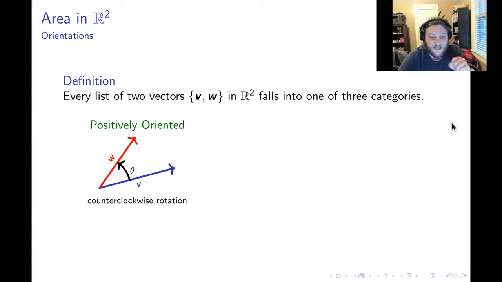What this means is that if we plot our 2 vectors so that they emanate from the same point, and we rotate the first vector on the list, in this case v, through the angle that gets us to w shortest, that rotation is counterclockwise. So positive orientation means rotation from the first vector to the second vector is counterclockwise.